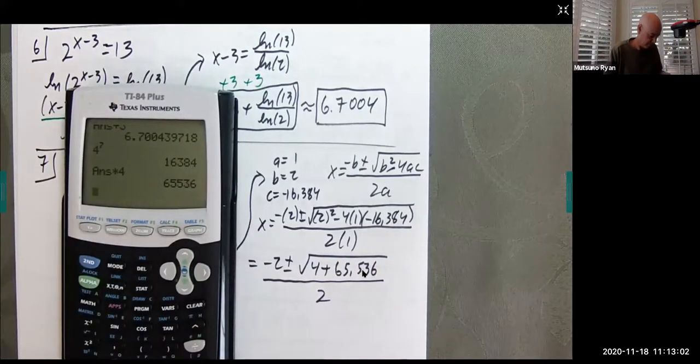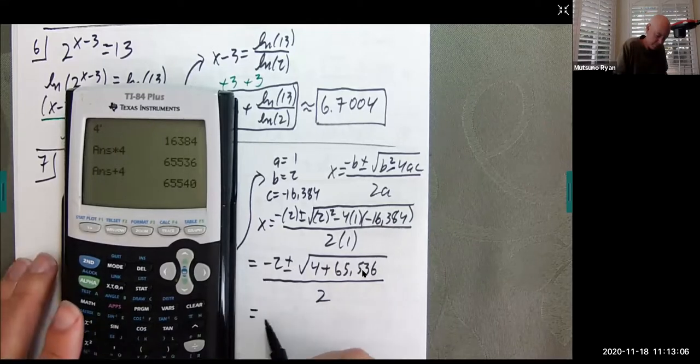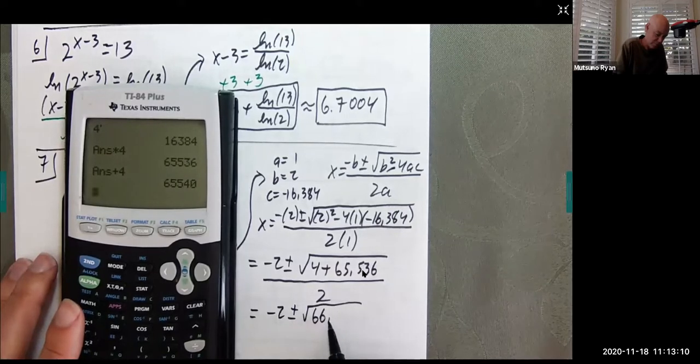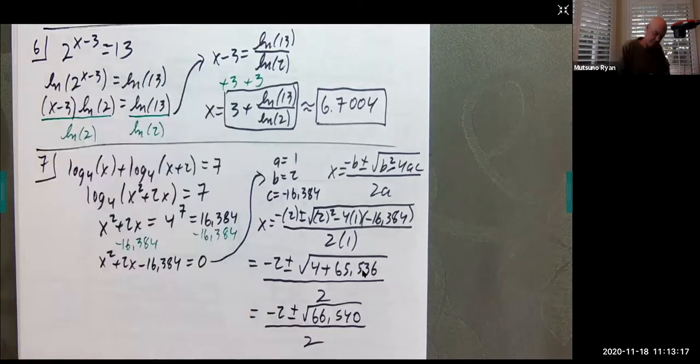And I'm going to add 4 to that. And I'm going to come up with a couple of decimal approximations with that.